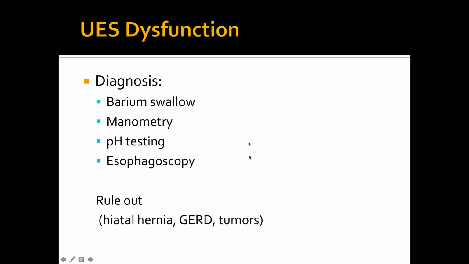As we said before, we could use a combination of diagnostic testing. Manometry will show a high pressure, barium swallow will show a holdup of the contrast at the upper esophageal sphincter, and endoscopy will try to rule out any malignancy causing this stricture.